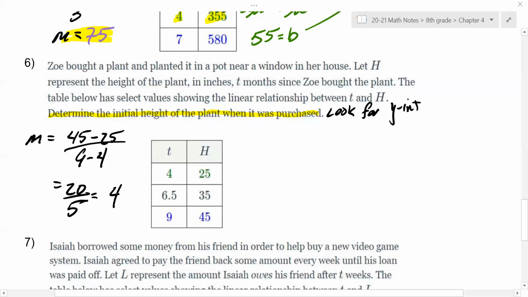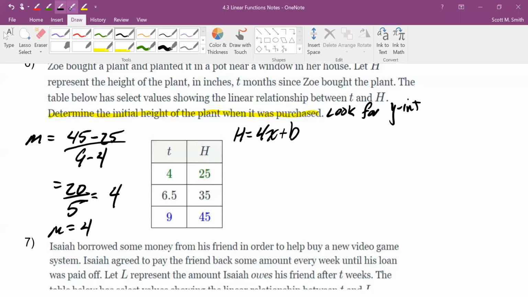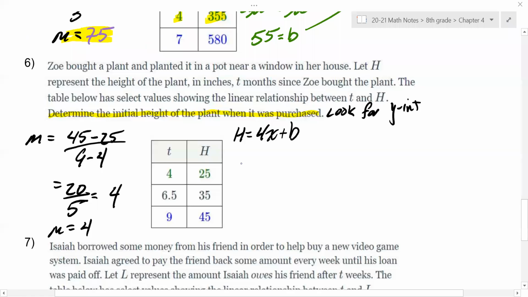Okay, so now I have found my slope is 4. So I need to plug it into h equals 4x plus b. I can substitute any h in there. I can do 25 equals 4 times 4 plus b.